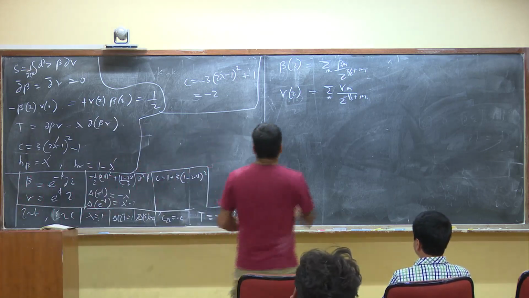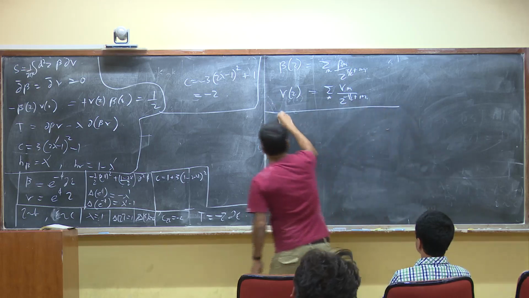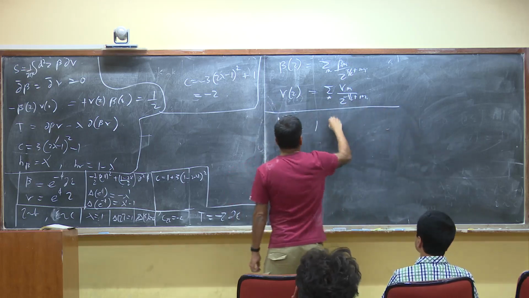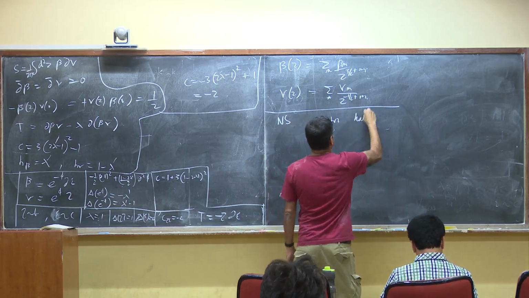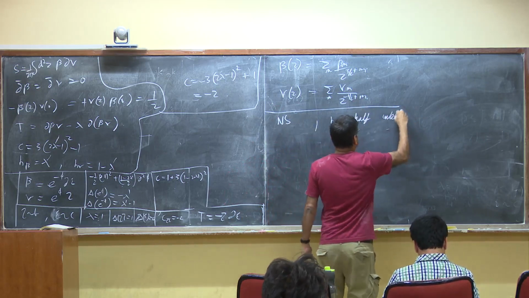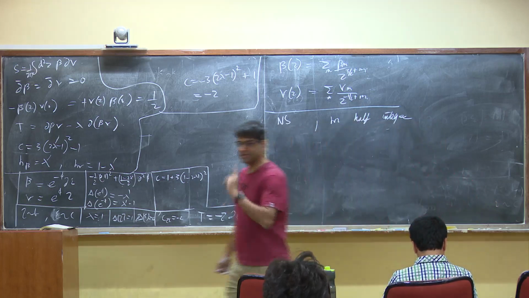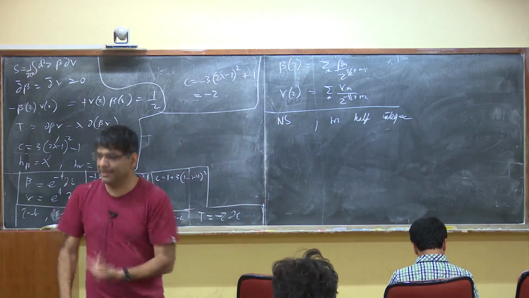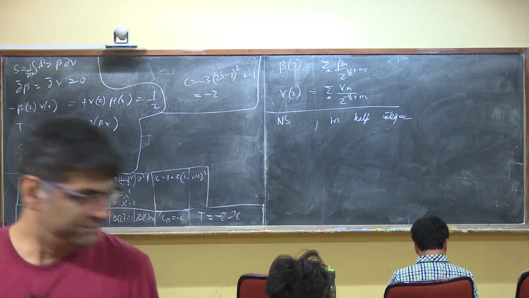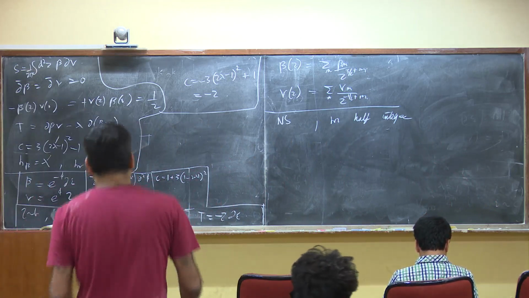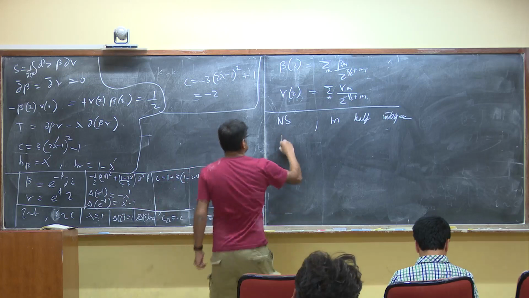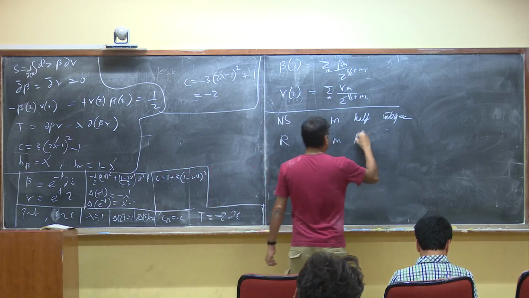So now we've got 2 options. We've got the NS sector, m half integer. Remember, the NS sector was antiperiodic on the cylinder, and m is a cylinder label. Or we've got the Ramond sector, where m is an integer.